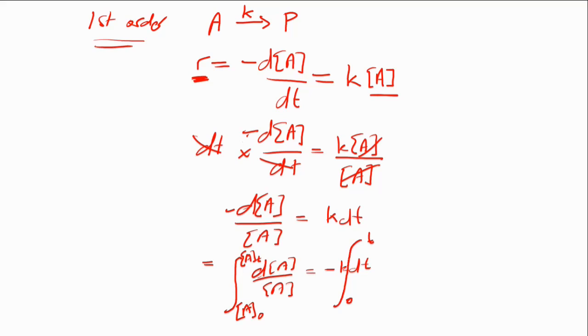Now, after integrating this, because this is basically integrating 1 over A, what will happen is we will end up with ln a at t minus ln a naught. There's a little step before this, but I kind of took that out to save you the pain.